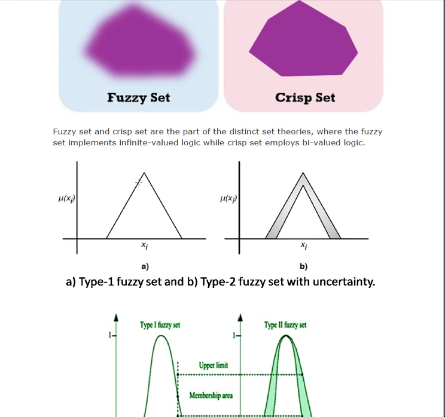So if you take a fuzzy set in this particular situation, even if it is a certainty, under the class of the type 1 fuzzy set, the same application will have a variance. Like I'm taking an example, child learning. The child learning varies if you are taking it under the class of a type 1 fuzzy set.